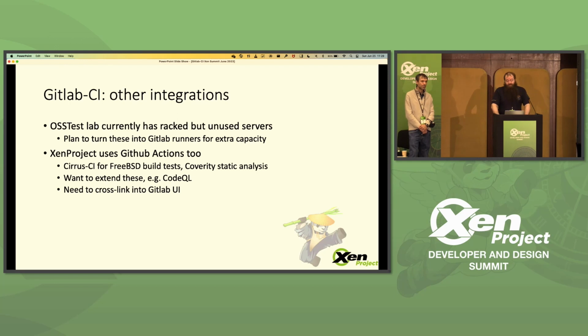One of the things we'd like to do is cross-link this into GitLab, because obviously people don't want to be maintaining both of them together, but we think it should be possible to have GitLab check that GitHub either came back saying yes or no, and make that available to you in one UI. Obviously, you'll have to follow links to the other one, but it should be fine.